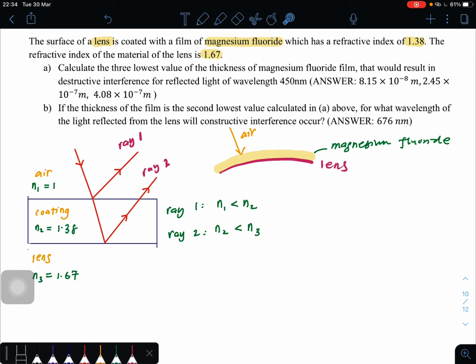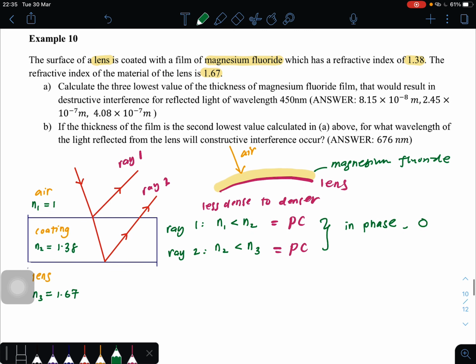So remember, if n1 is less than n2, that means going from less dense to denser medium, there will be a change in phase. So PC means there is a phase change. So both will have a phase change. So remember, if there are two phase changes, they will cancel out each other, meaning that here they will be in phase, which is 0.